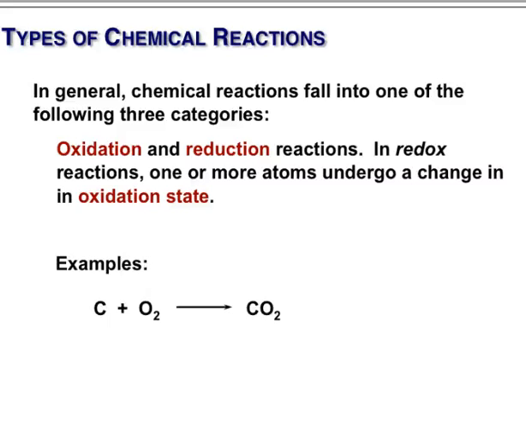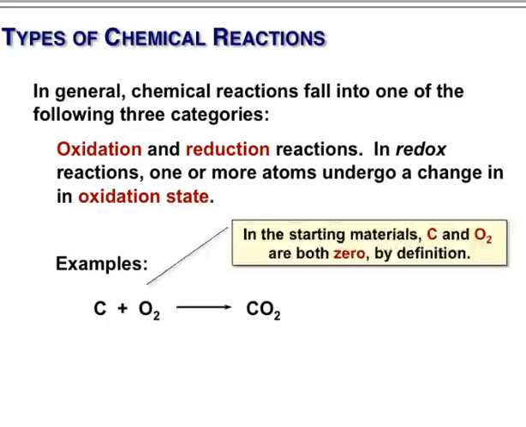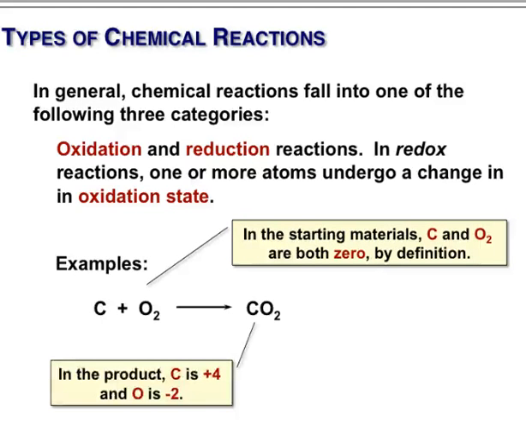Halogens -1, oxygen -2. Well, that means we have 4 negatives here, which means that this carbon must be a +4. By definition, these guys are 0. Over here, our carbon is going to be +4 to balance the 2 negatives from our oxygen. Oxidation numbers of both elements have changed. And that makes this an oxidation reduction reaction.